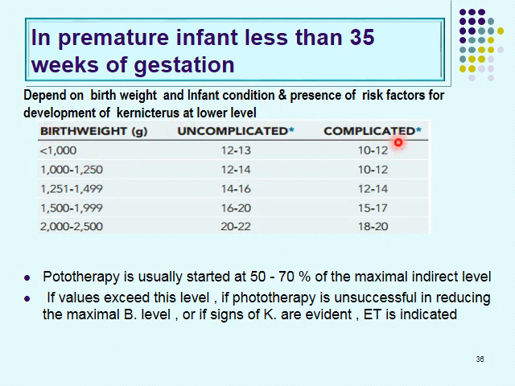Here, if you see in this diagram, birth weight of the infant less than 1 kilo, 1000 gram to 1250 gram and more. And here the uncomplicated and complicated.